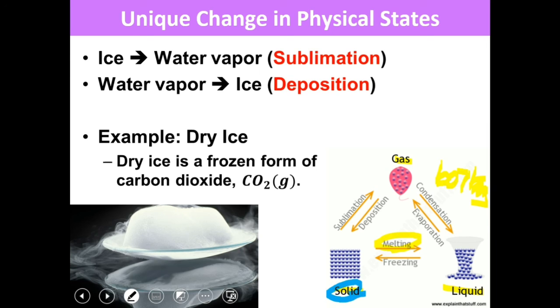So, solid and gas. A good example is known as dry ice. It's kind of hard to find dry ice in Canada, I found, but you can buy it from an industrial area. But dry ice is basically the frozen form of a certain gas known as carbon dioxide.